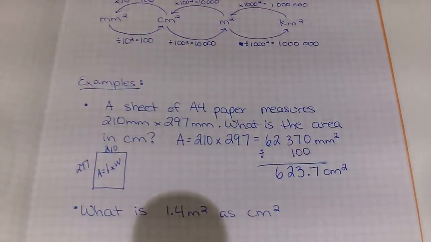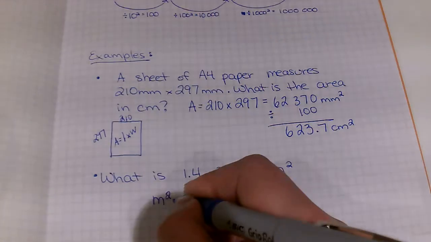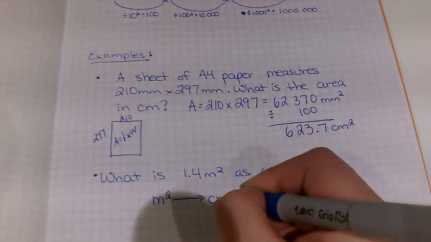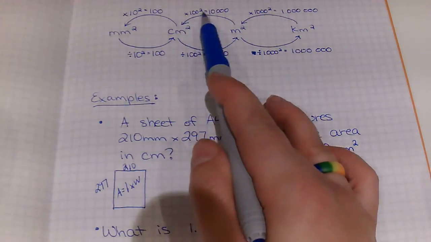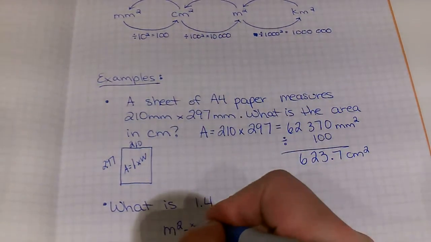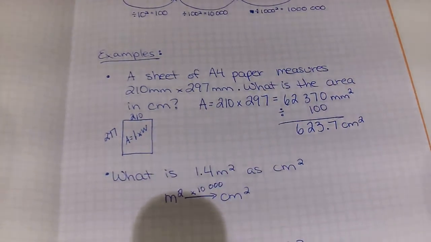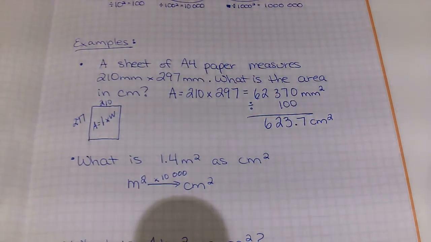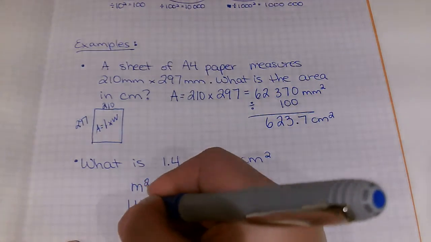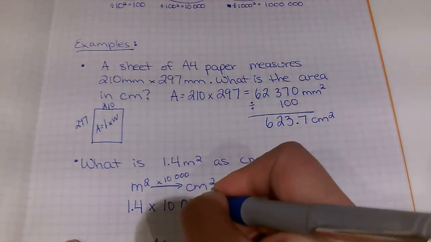So I'm going to write this. First, I'm going to write this down here. I'm going to write meters squared to centimeters squared. And it's set up here, multiply by 10,000. Okay? So I've written down my conversion rate there, just so I have it right with me. And so I'm going to go 1.4 times 10,000.